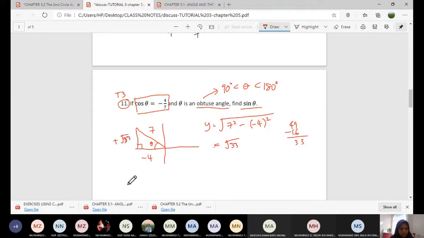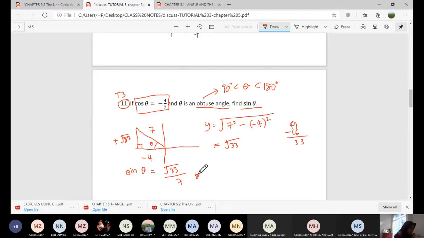This is positive, and then sin theta. Sin theta equals square root of 33/7. Such an easy number, number 11. Okay, next.